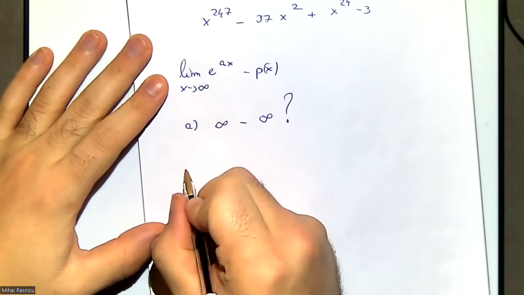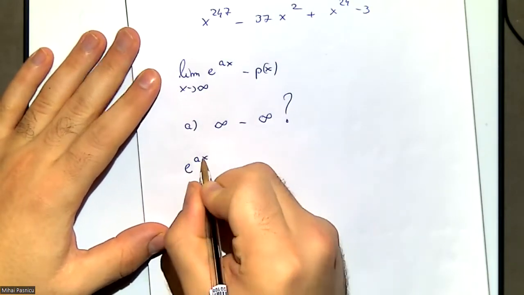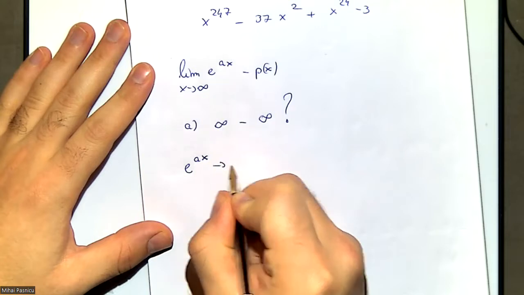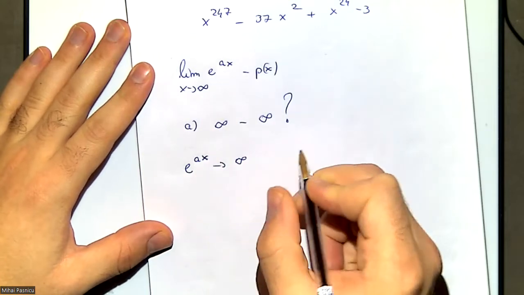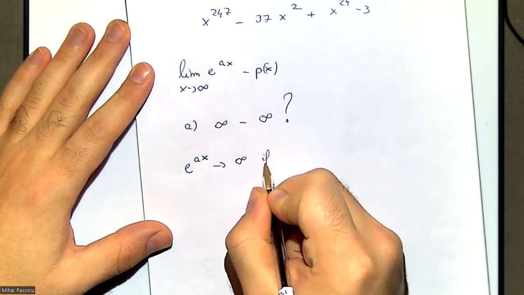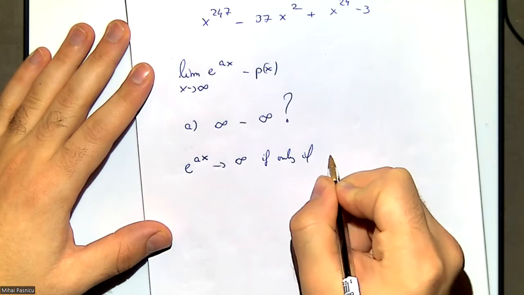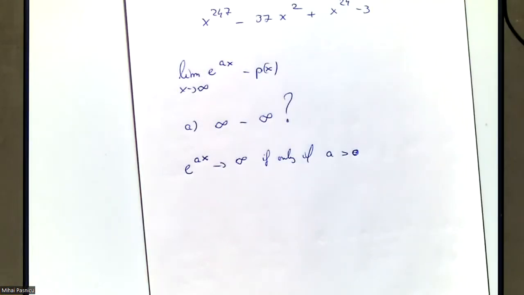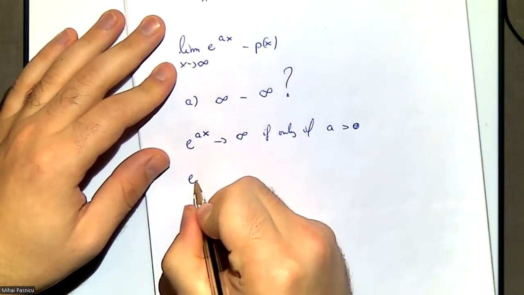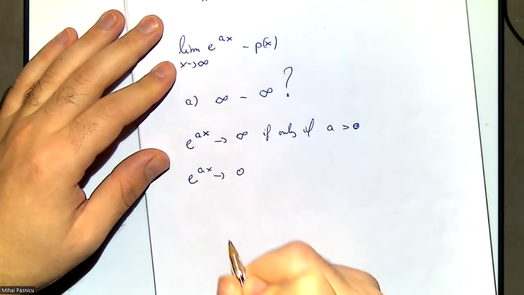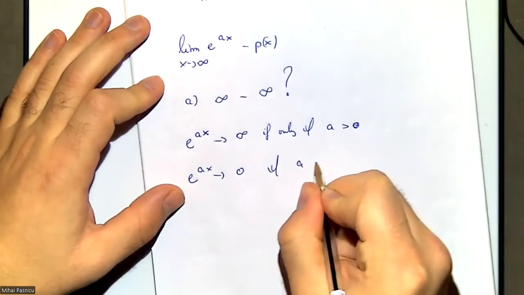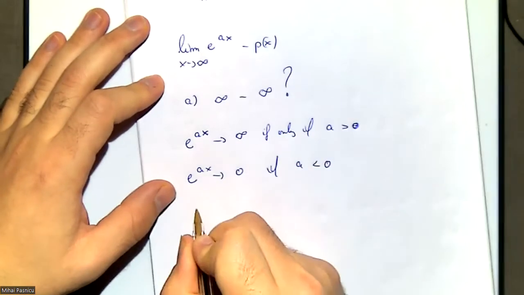So e to the power of ax goes to infinity if and only if a is positive. If a is not positive, then e^(ax) will not go to infinity.